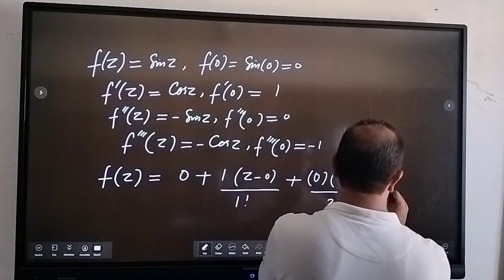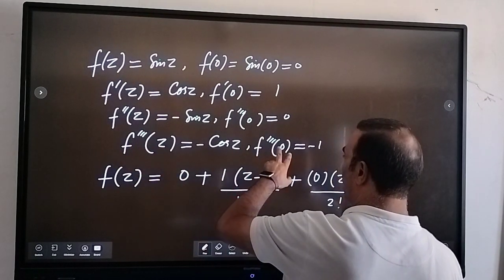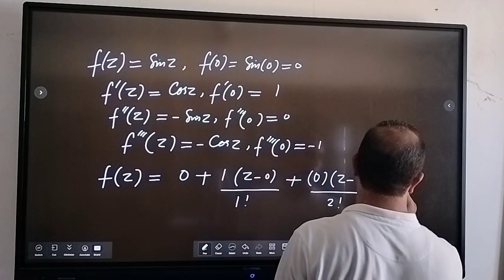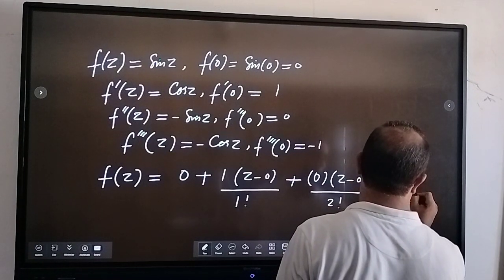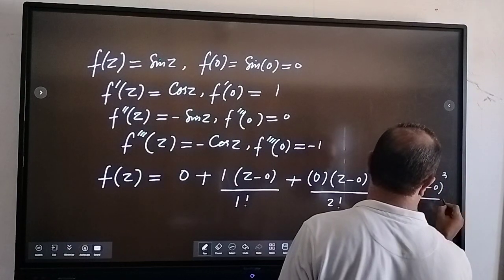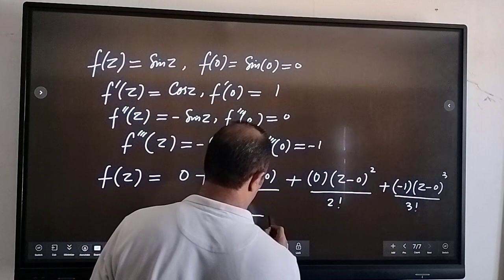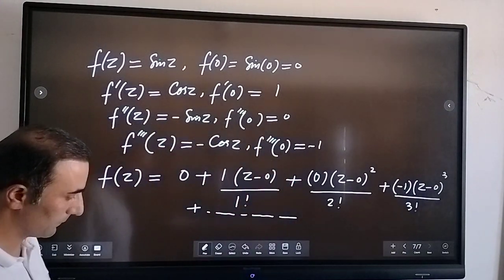Similarly, if you calculate now the third derivative at z, that's equal to minus 1. So this will be plus into minus 1, and so on. Okay.